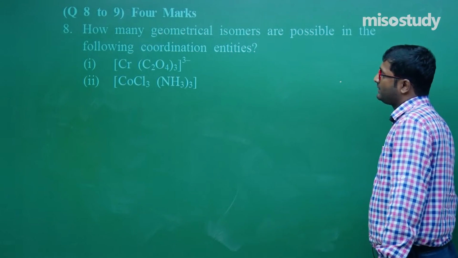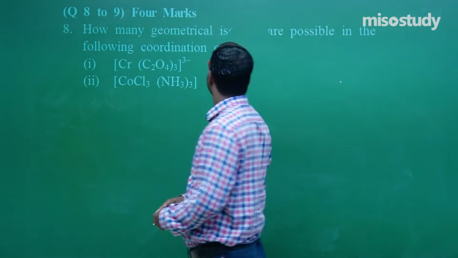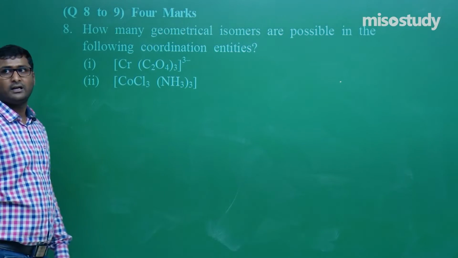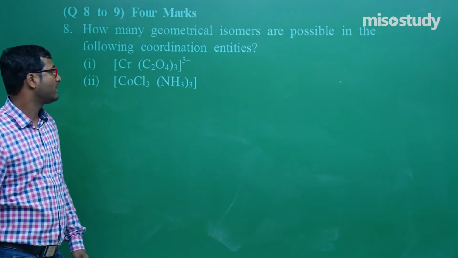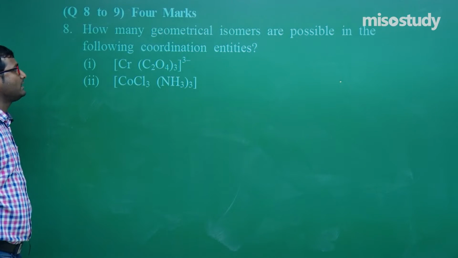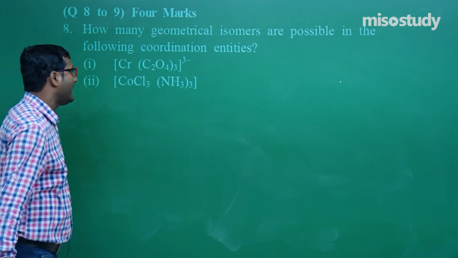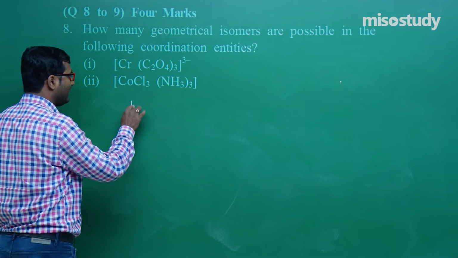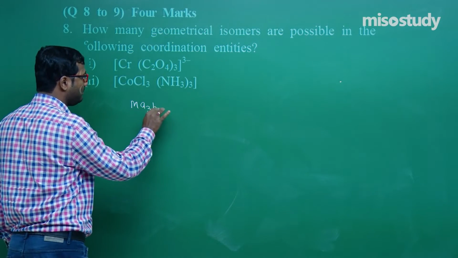Now the next one is, how many geometrical isomers are possible in the following coordination compound? As I told you, there is a rule. Look at this, it is MA3B3.